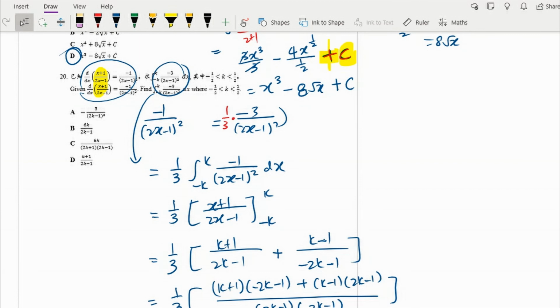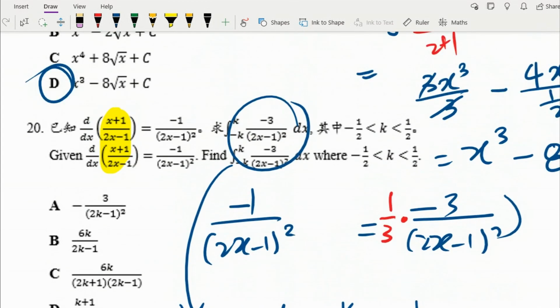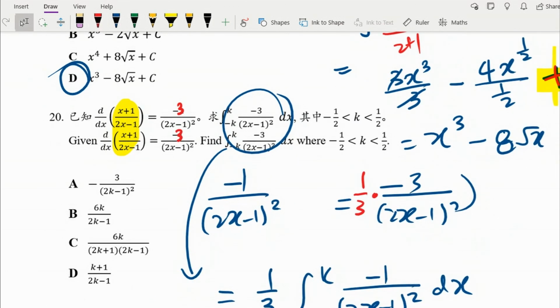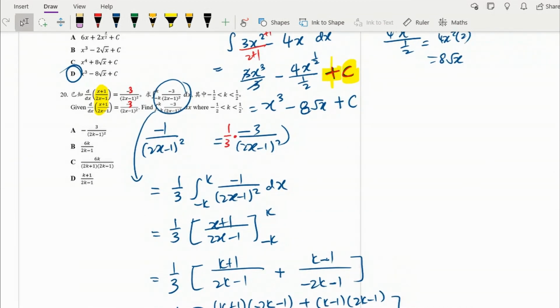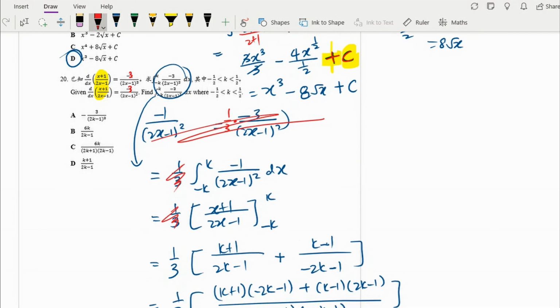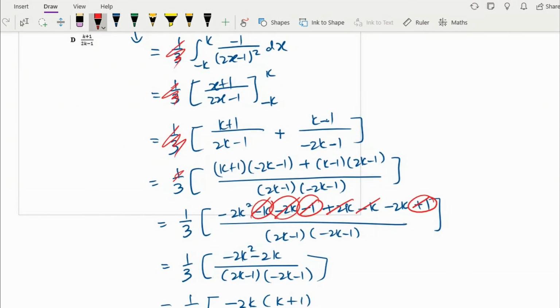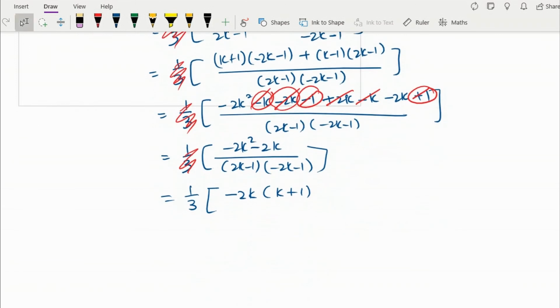This one should be 3. Lucky we discussed the question together. So you don't have to care about this one, you don't have to care about the 1/3. All of them, don't care.